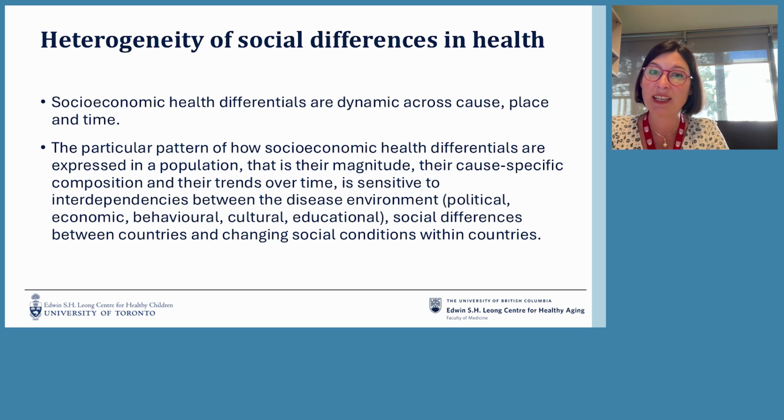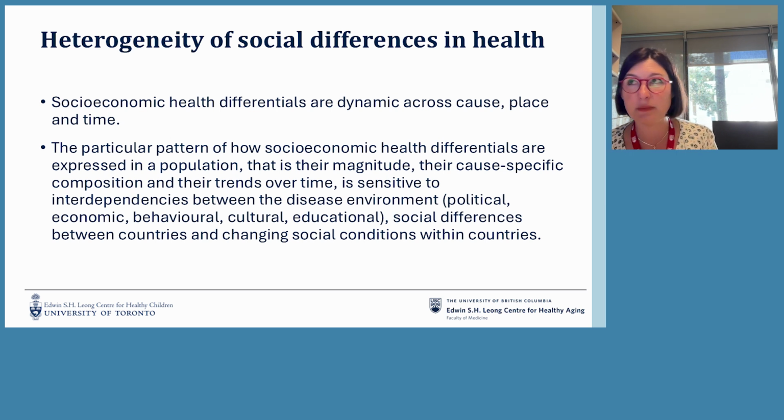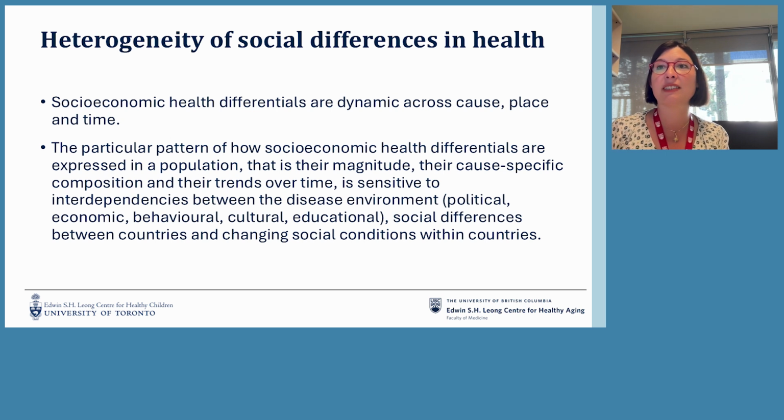So socioeconomic health differentials are dynamic across cause, place, and time. The particular pattern of how socioeconomic health differentials are expressed in a population, that is their magnitude, cause-specific composition, and trends over time, is sensitive to interdependencies between disease environment, social differences between countries, and changing social conditions within countries.